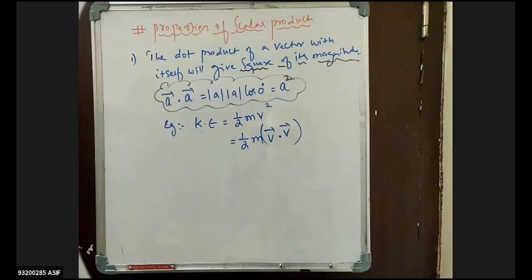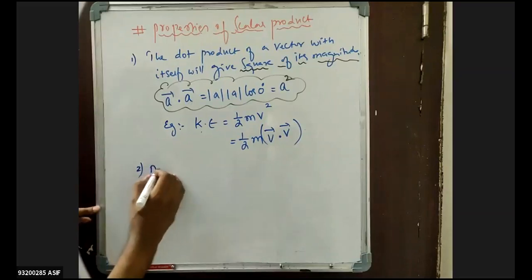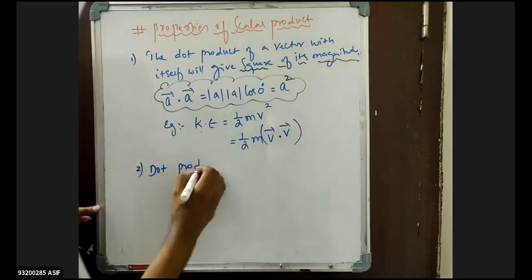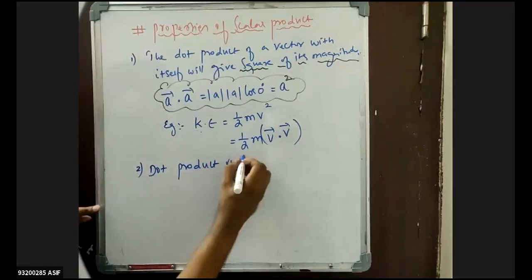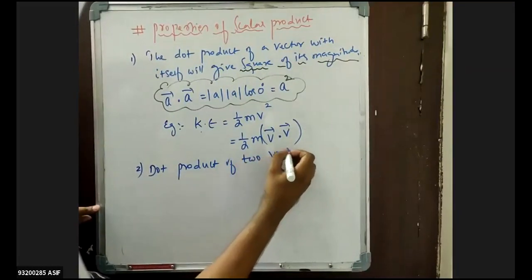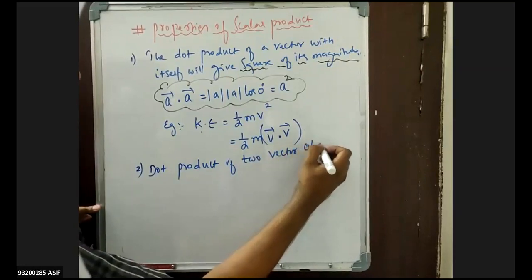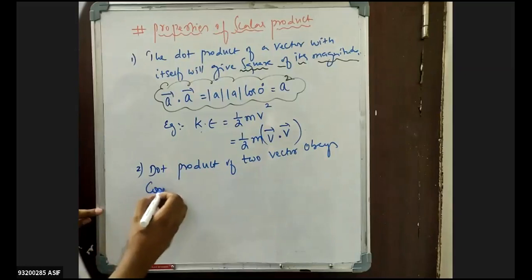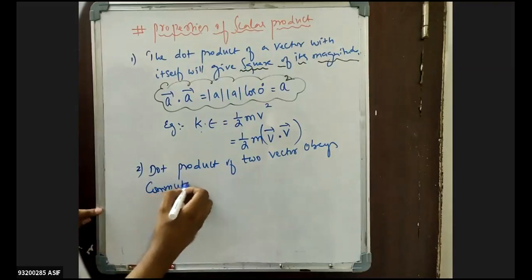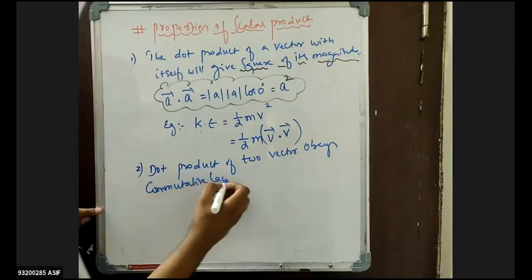So let us take the second property of the dot product. The second property says that the dot product of two vectors obeys the commutative law.